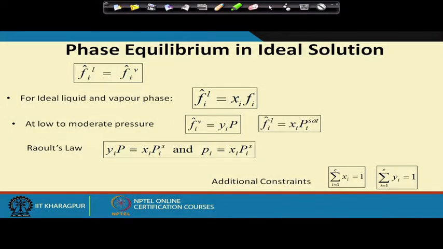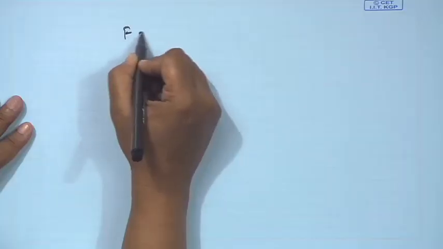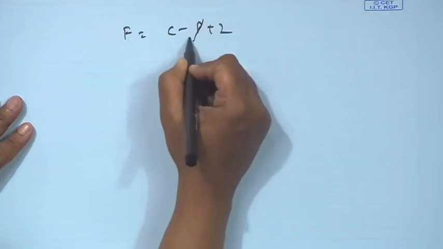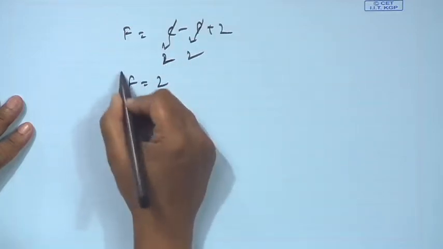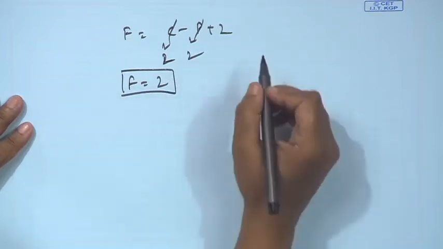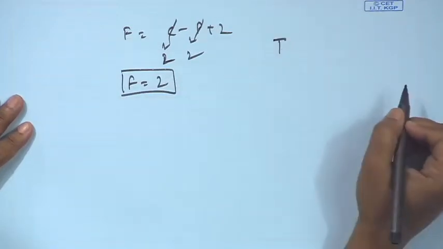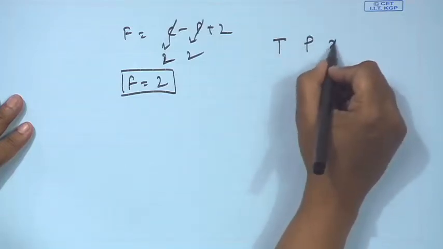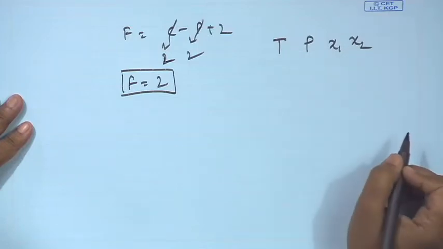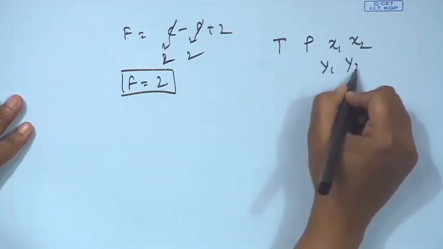So, in this particular case, if it is a two component system, what is the degree of freedom? We know F equals C minus P plus 2, this is 2, this is 2. So, therefore, F is also equal to 2, right. So, what are the total number of variables? The temperature of the solution, the total pressure, the mole fractions in the liquid phase, the mole fractions in the vapor phase.